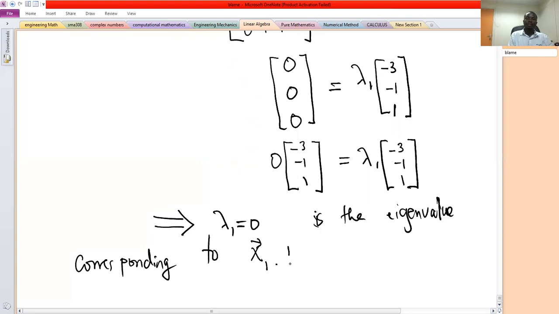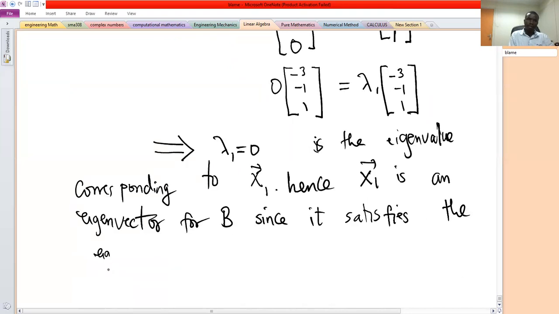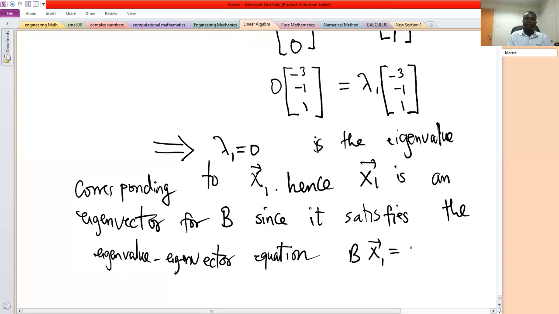Hence, x1 is an eigenvector for B, since it satisfies the eigenvector-eigenvalue equation Bx1 equals lambda 1 x1 with lambda 1 being 0. Remember, 0 can be an eigenvalue.